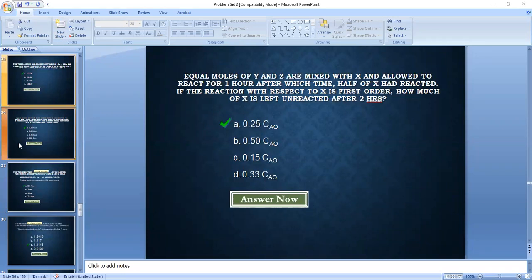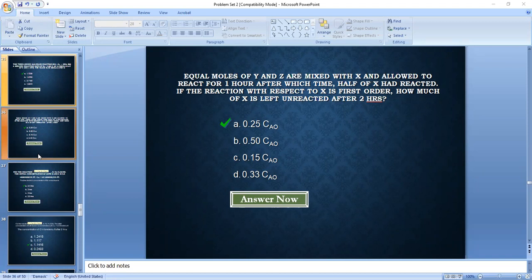So we have this one now. Equal moles of y and z are mixed with x. This is one very confusing problem actually, class. You are given equal moles of y and z, which are mixed with x and allowed to react for 1 hour, after which time half of x had reacted by the reaction.